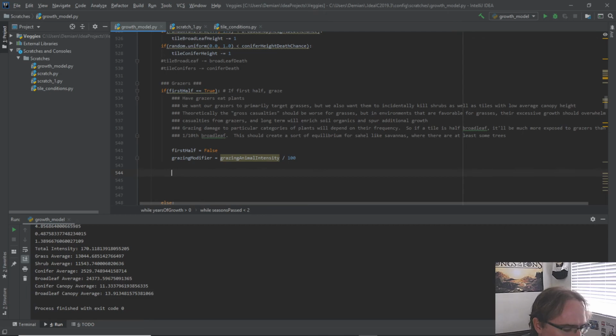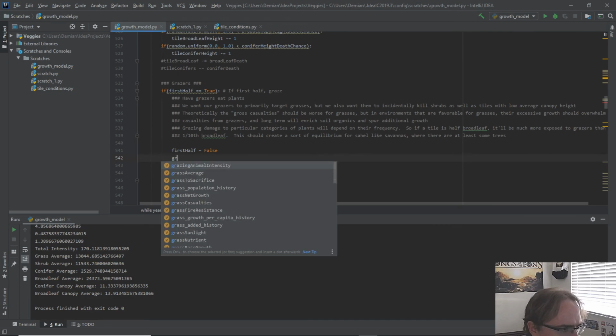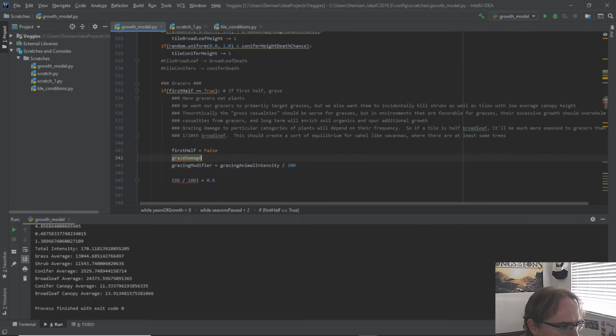So in our grasslands, intensity is 80. Let's just convert this really quickly into 0.8. That's how much. We need some damage.